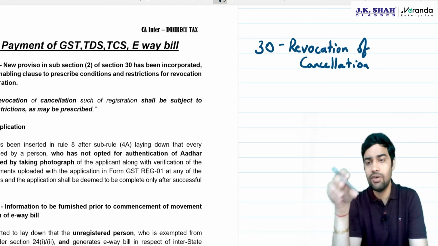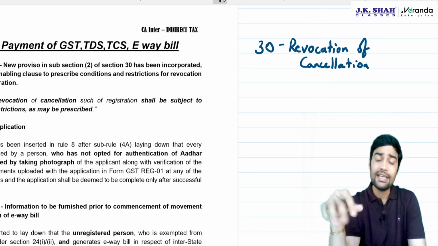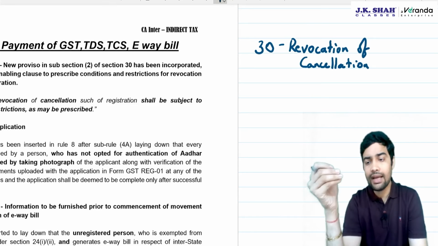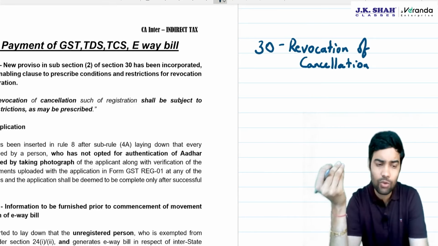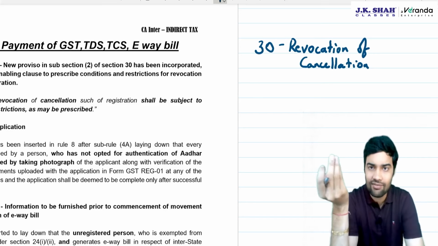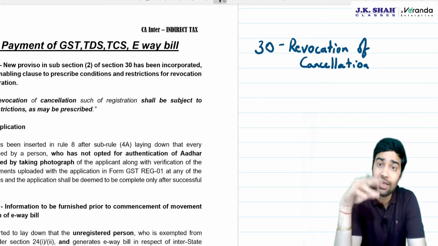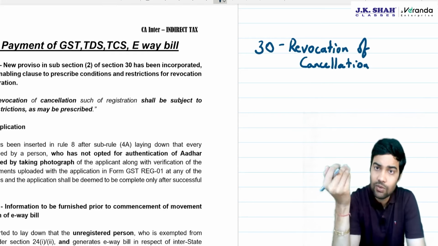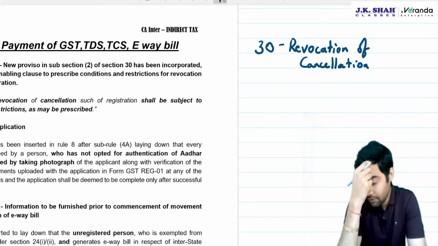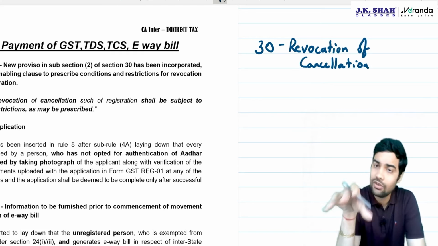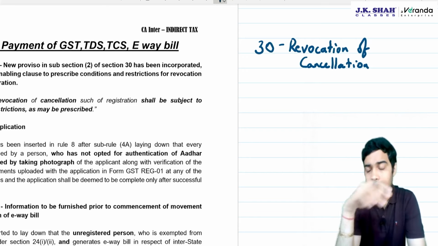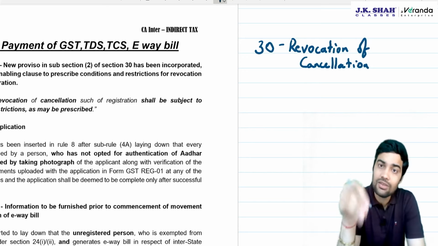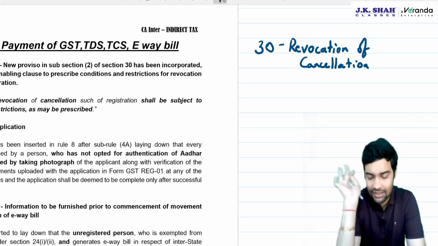All these were litigated a number of times in High Court. And it is not practically possible to change the section every time because the section requires amendment by Parliament. So as this was the difficulty being faced, the government has now incorporated a provision saying that revocation of cancellation will be subject to such conditions as may be prescribed.